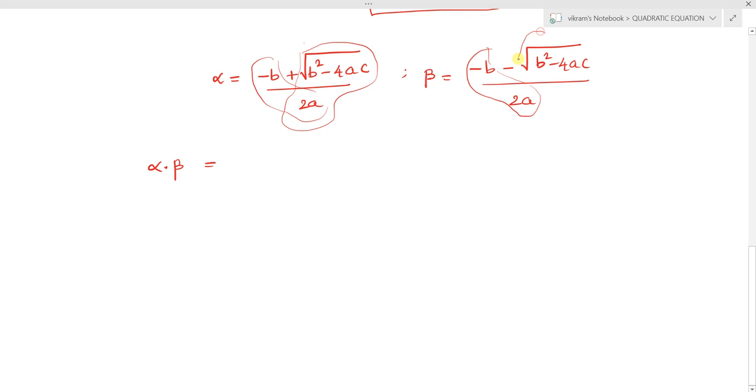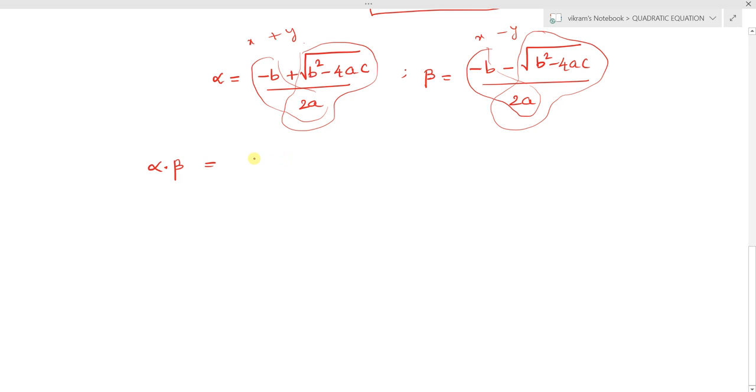This is of the form x plus y into x minus y, which gives x square minus y square.